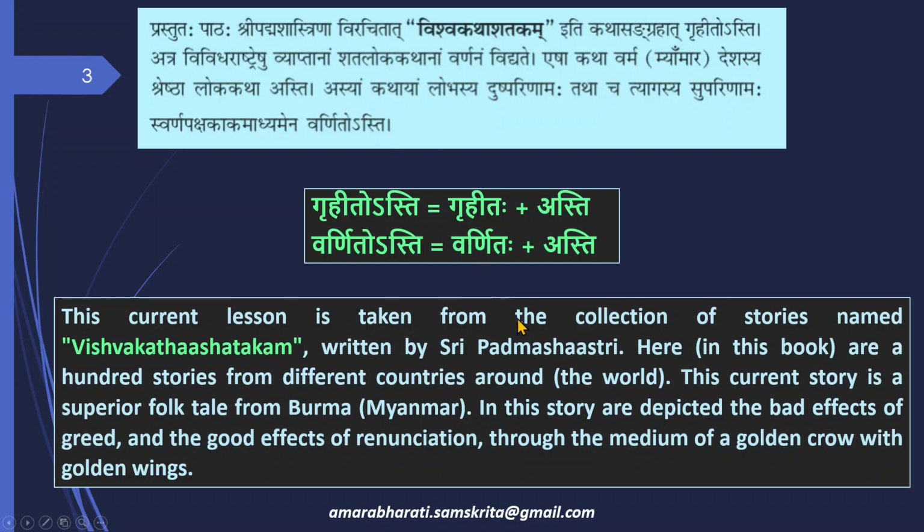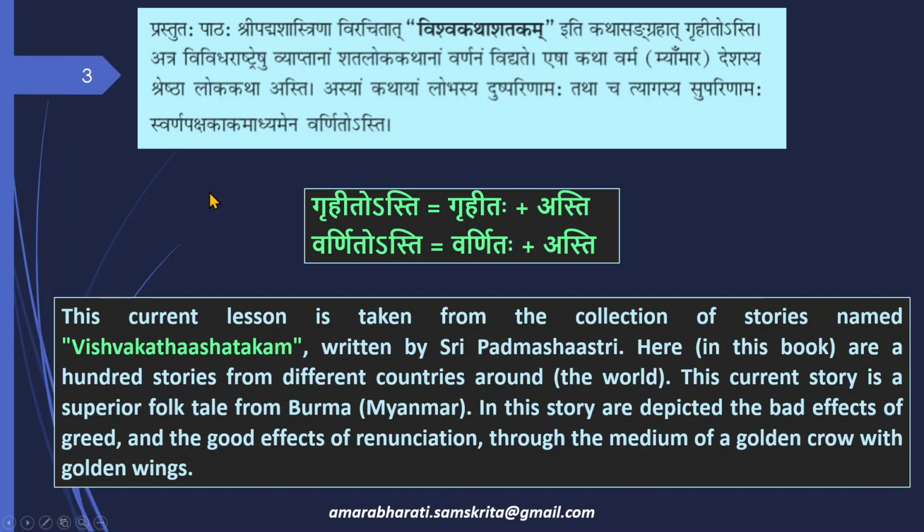Asyam Kathayam, in this story, Lobhasya Dushparinamaha Tatha Tyagasya Suparinamaha are depicted. The bad effects of greed. Lobha is greed, Dushparinama is the bad effect, and Tyagasya Suparinamaha, and the good effects of renunciation or sacrifice.